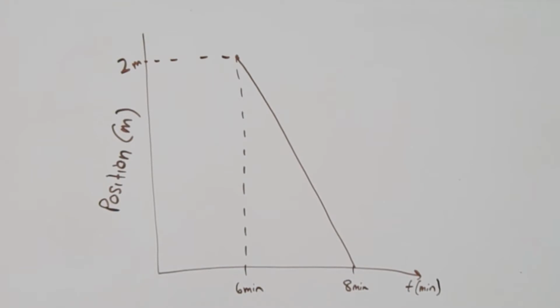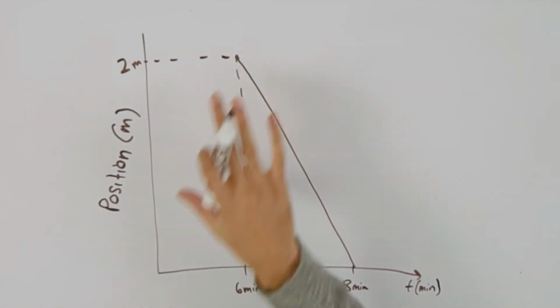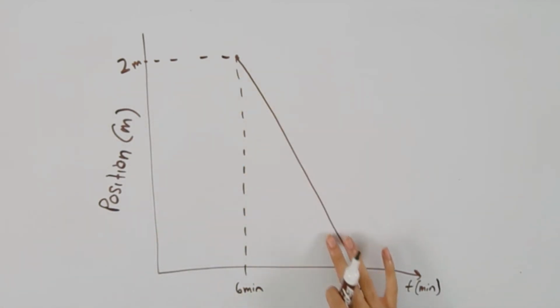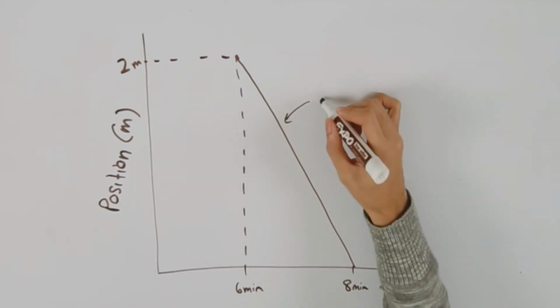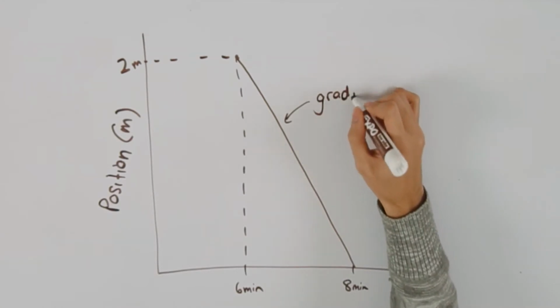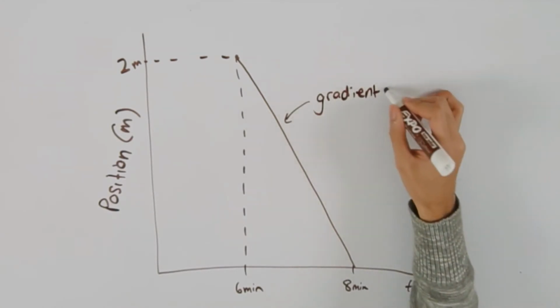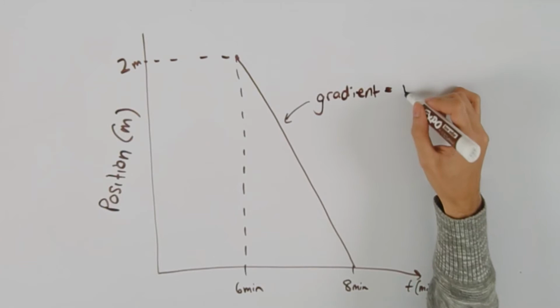Again, we want to remember our rules for this displacement graph. Position is another way of saying displacement. The gradient of our position graph is going to give us the velocity. So whatever the gradient of this is, it's going to be equal to the velocity.